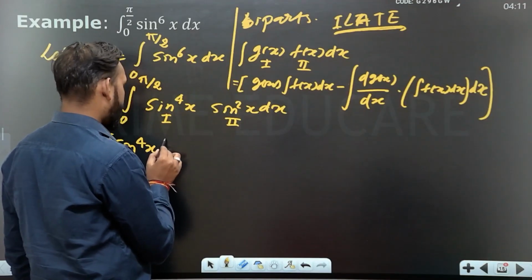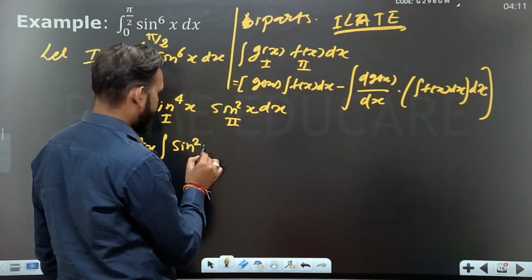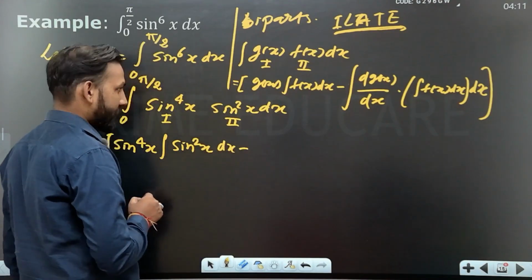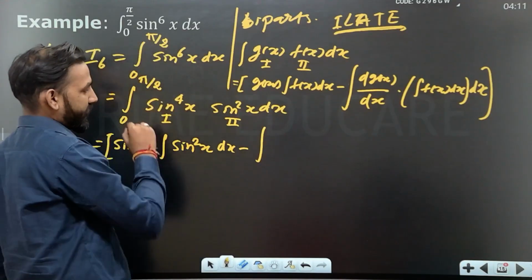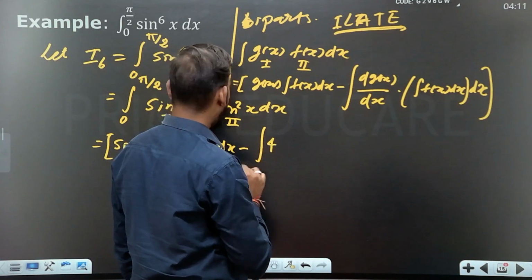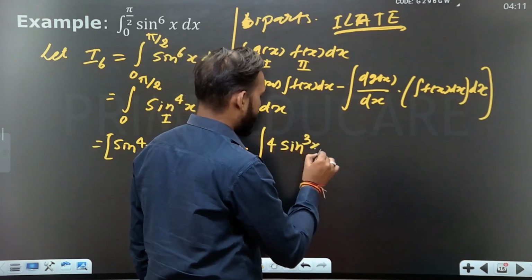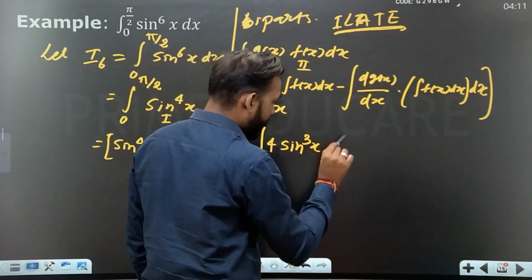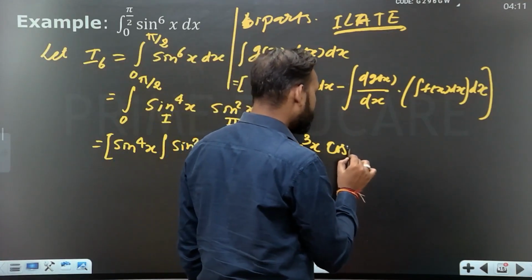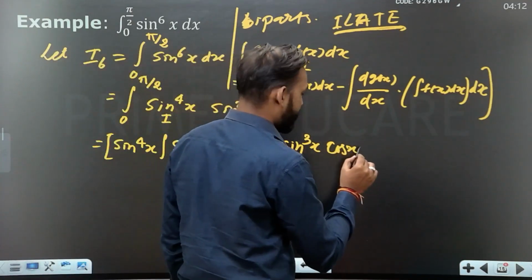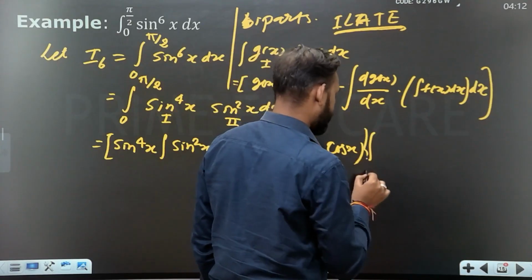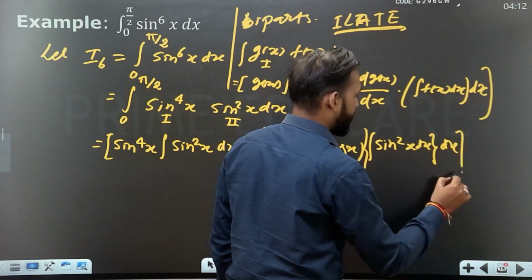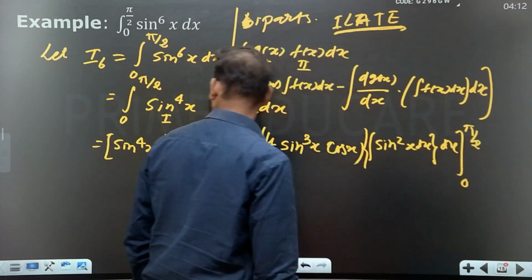Minus the integral of the differentiation of this, which gives 4 sine cube x, because differentiation of sine to the power 4x is 4 sine cube x, and differentiation of sine is cos, times the integration of sine square x, dx, with the limits.